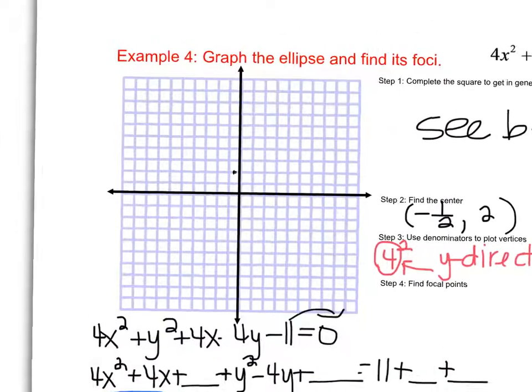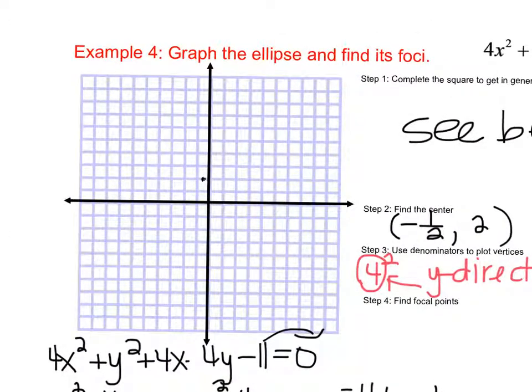So let me do that for us. So in the y direction, I said 4 in either direction. So go up 1, 2, 3, 4, put a point. Go down 4, 1, 2, 3, 4, put a point. And then in our x direction, our denominator, we're going to go 2 in either direction. So 1, 2, 1, 2.